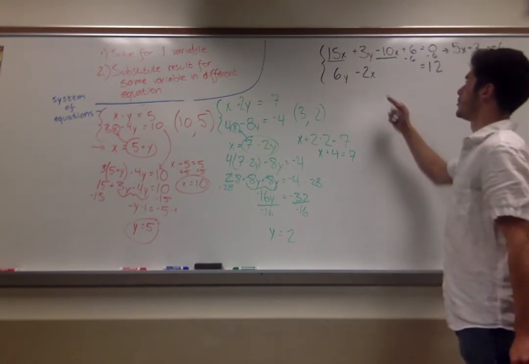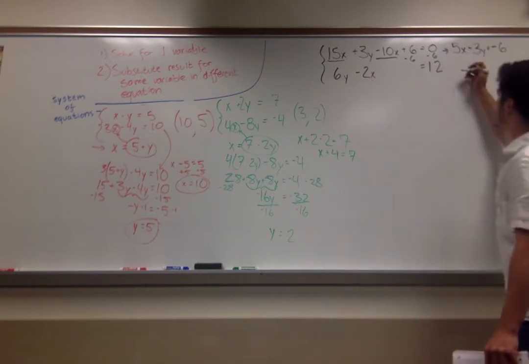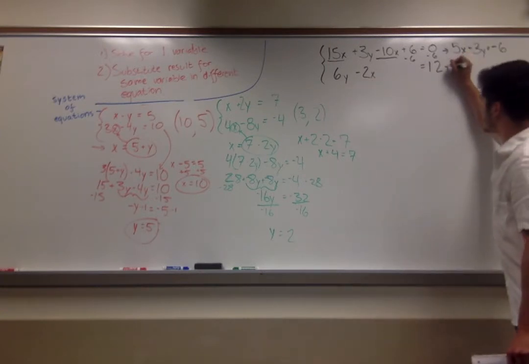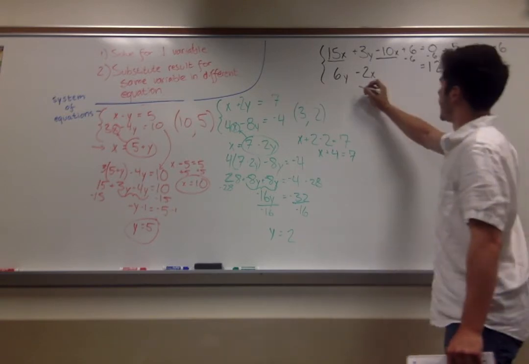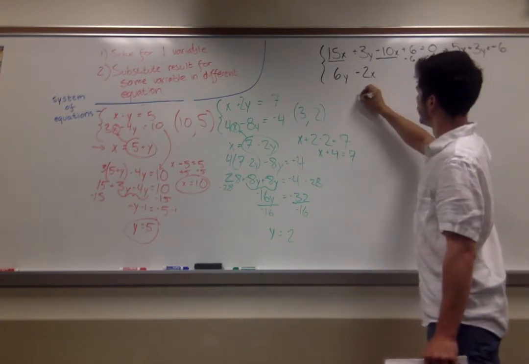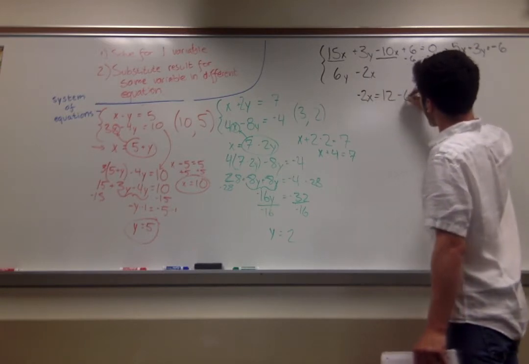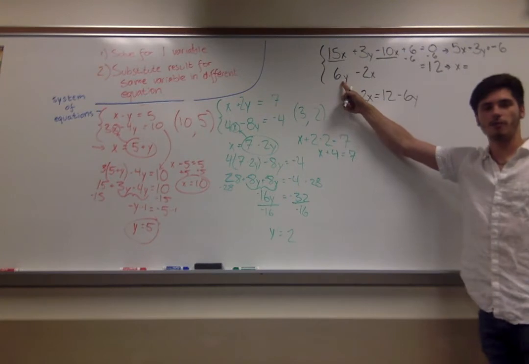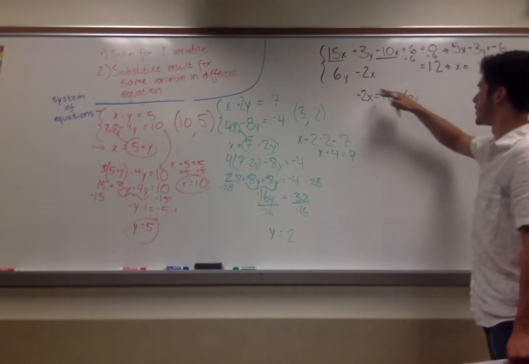So what we'll do is we'll solve for this x, and how we'll do that is we'll get x by itself by subtracting 6y from both sides. So here we have negative 2x equals 12 minus 6y.